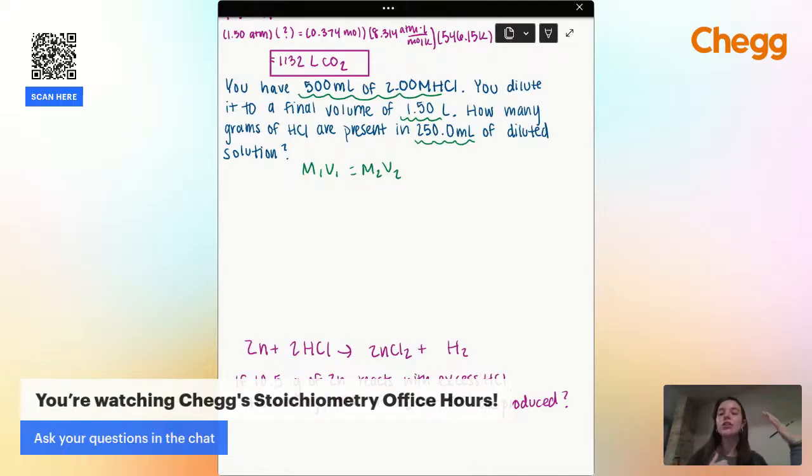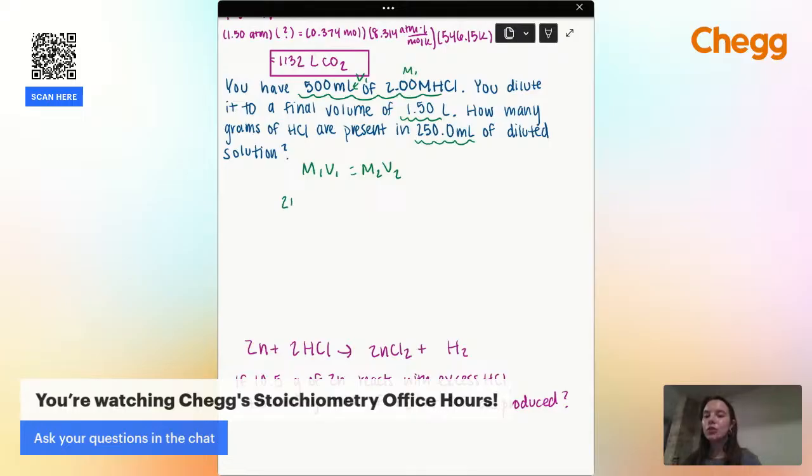Then once we get to that final volume, we can find the grams that are present in 250 milliliters of that final volume. So M1 is just going to be the molarity of the substance that's not diluted, and then V1 is just that 500 milliliters.